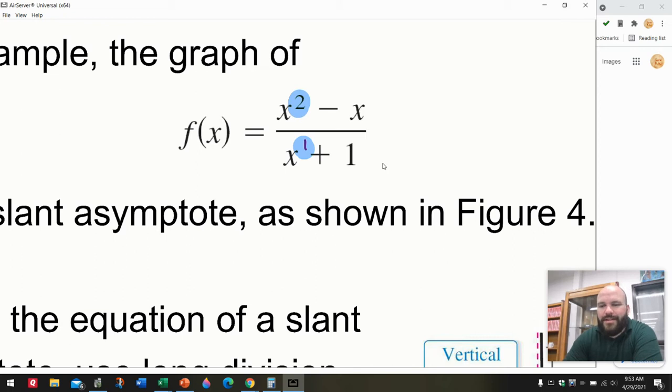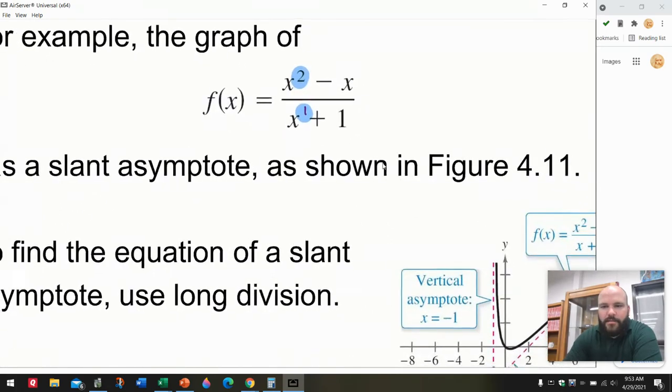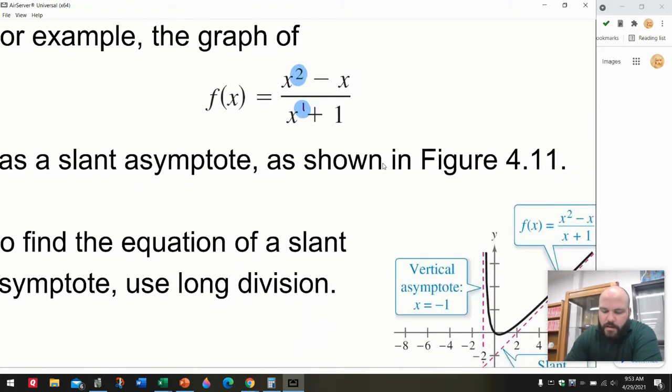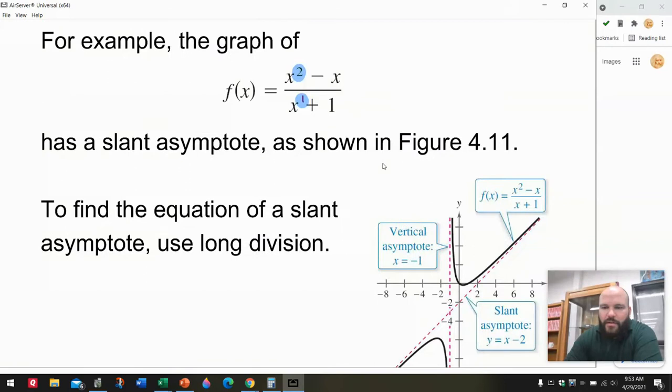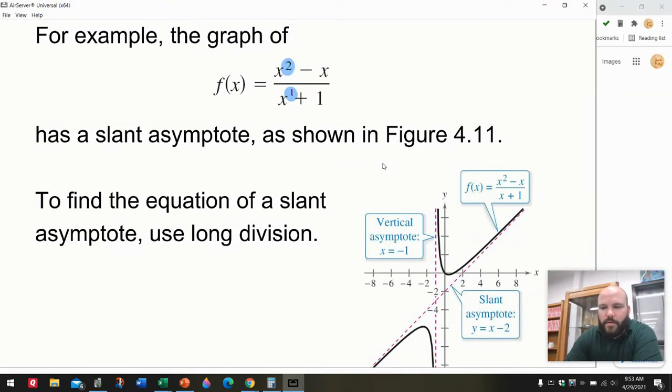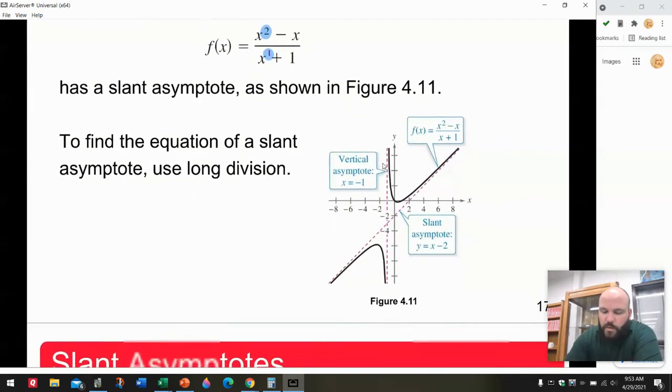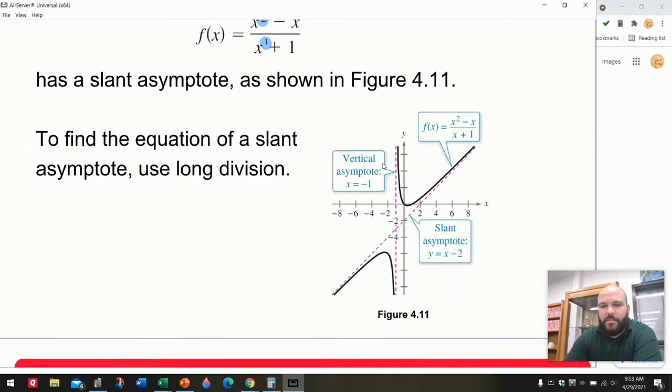And so the numerator is exactly one higher than the denominator. And when that happens, you will have something called a slant asymptote. Slant asymptotes cannot occur with horizontal asymptotes because horizontal asymptotes don't occur when the numerator is bigger than the denominator. But if it's specifically one bigger, we will end up with a slant asymptote like this.